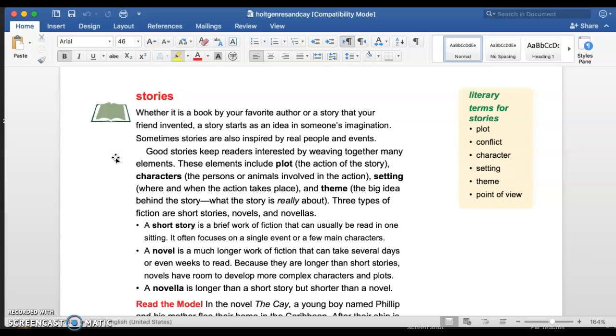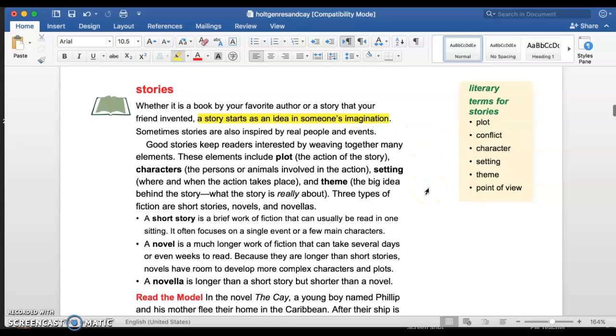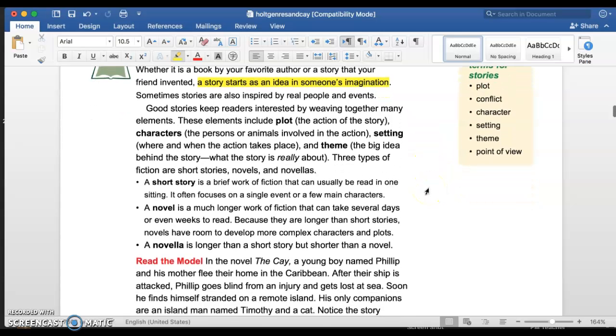Whether it is a book by your favorite author or a story that your friend invented, a story starts with an idea of someone's imagination. Okay. Seems pretty accurate. Sometimes stories are also inspired by real people or events. Good stories keep readers interested by weaving together many elements. Element seems like an interesting term that I might want to know.